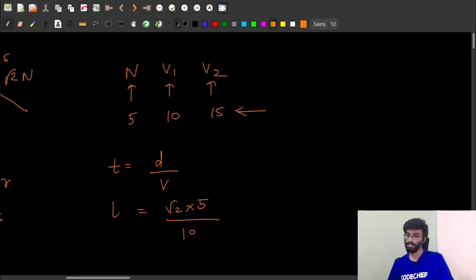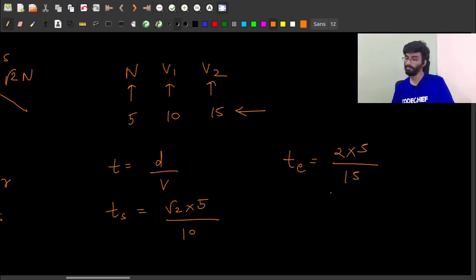This is TS, the time for stairs. The time for elevator is also d by v, where the distance is 2 times n, which is 2 times 5, divided by the velocity for the elevator, 15. So TE will be 10 divided by 15.